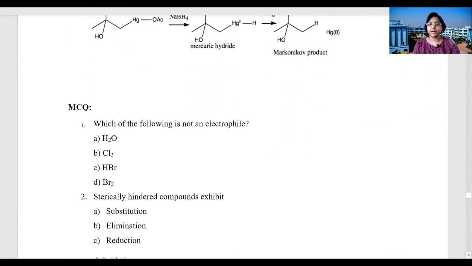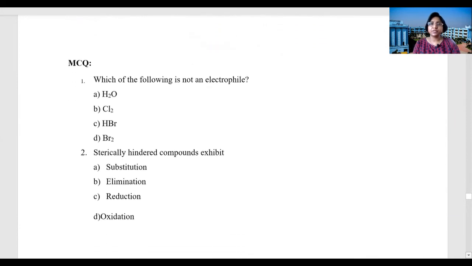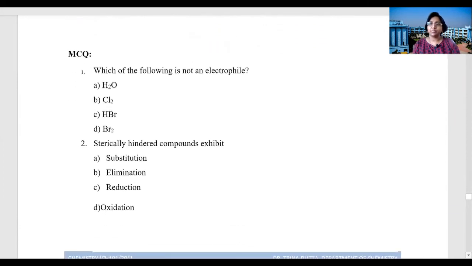If I summarize today's lecture, number 1, you have learned the elimination reactions E1 and E2 and their mechanism. Next, you have learned the addition reactions and also their mechanism, the Markovnikov rule and anti-Markovnikov rule.